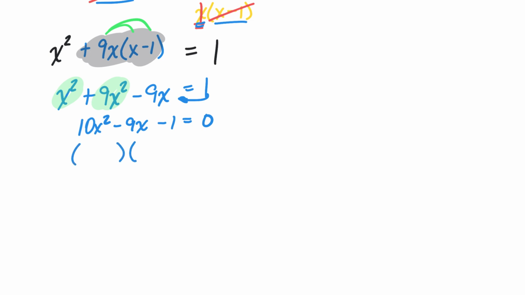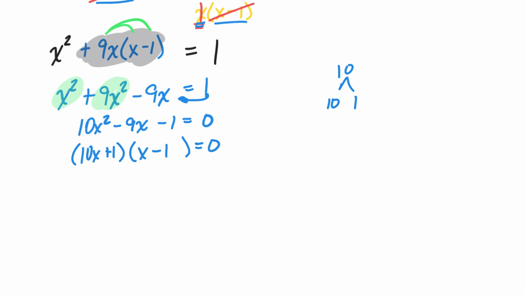If we use the master product method, or the AC method as we refer to it a lot of times, remember, we're looking for the factors of 10 that can become 9. Well, that would be 10 and 1. So that's how we get down to that.